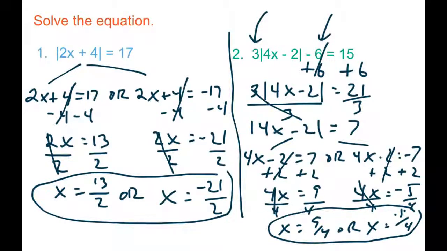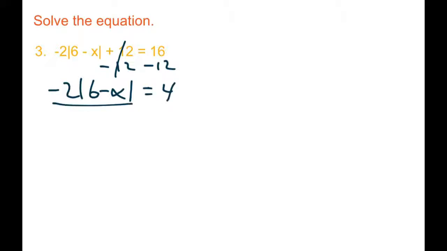Alright, let's do one more here. Once again, we have some things outside of that absolute value, so let's take care of that. We're going to subtract 12 on both sides. We'll get negative 2 times the absolute value of 6 minus x equals 4. We'll divide both sides by negative 2.